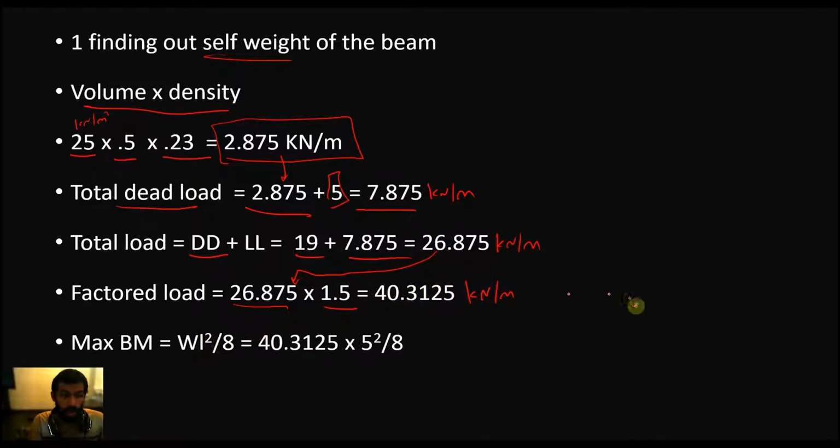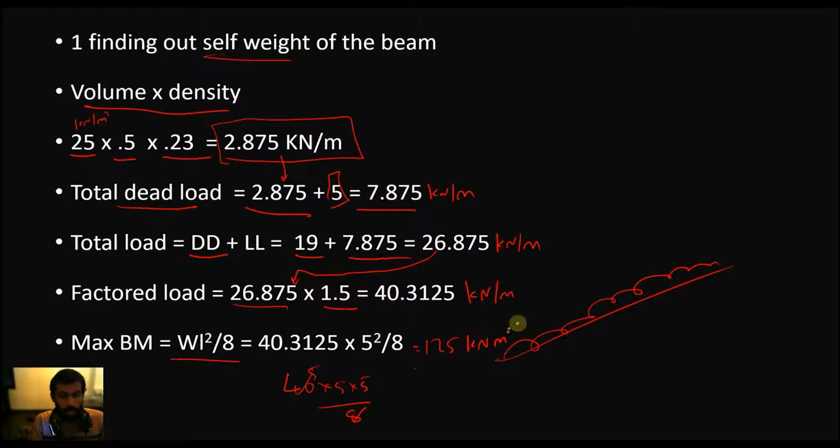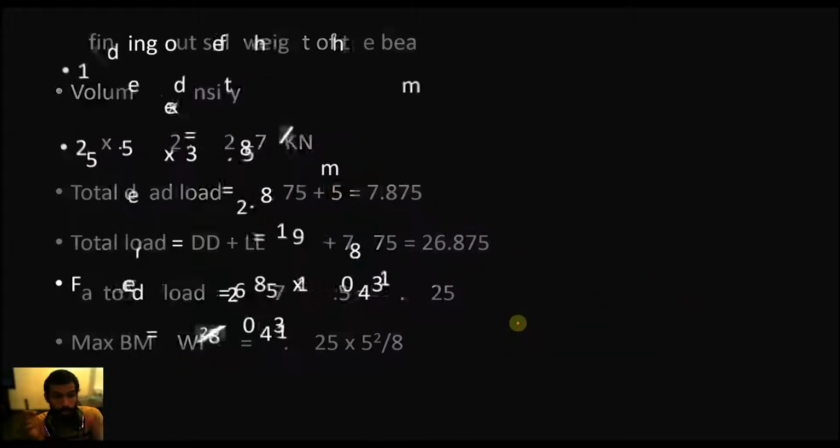Finally, the load is applied over the beam as a UDL, so the maximum bending moment is wl squared by 8, that is 40.31 into 5 squared by 8, which comes to be 125 kilonewton meter. That is the maximum bending moment.